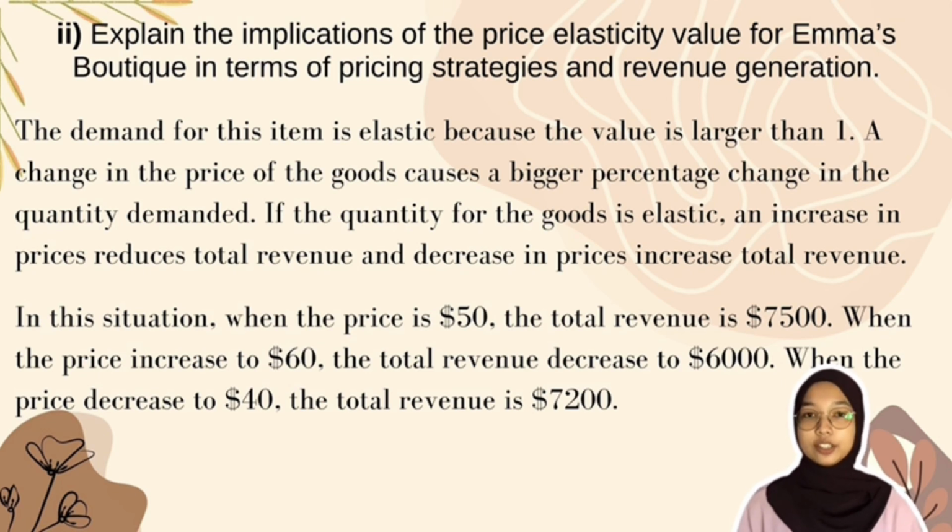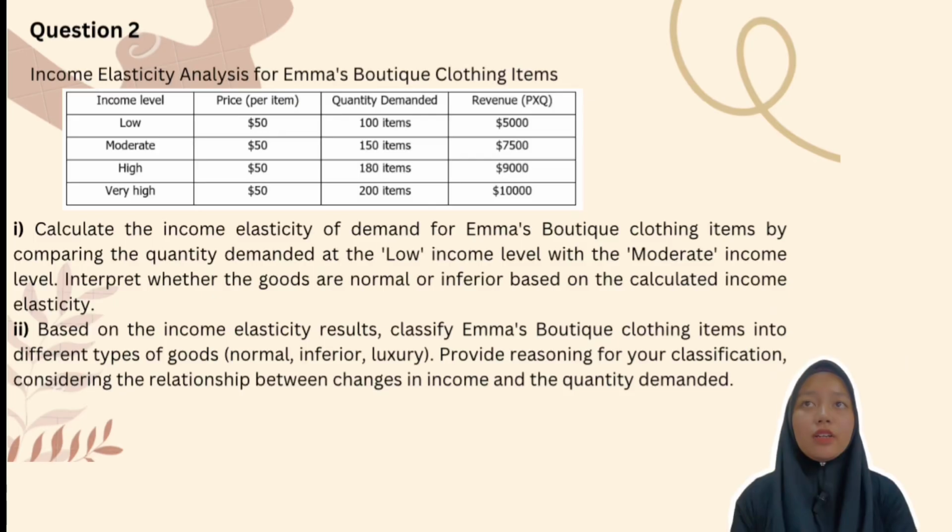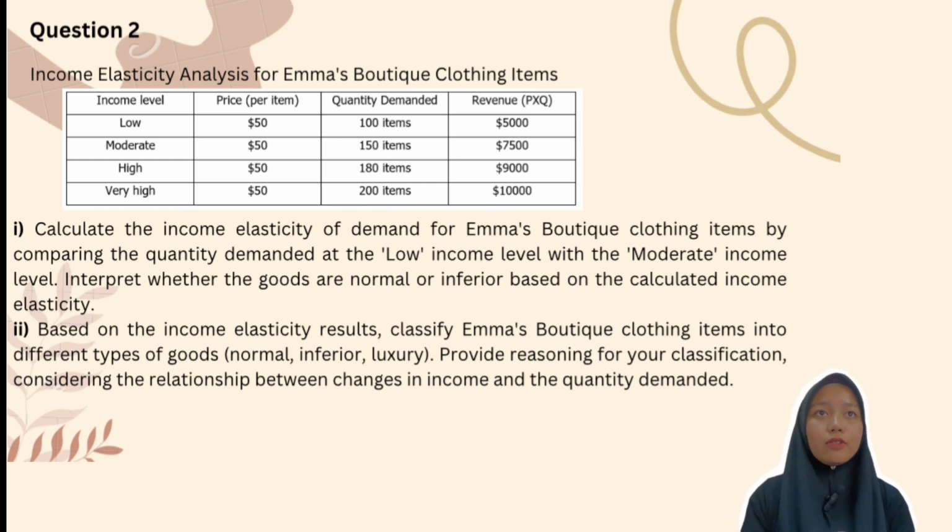In this situation, when the price is $50, the total revenue is $7,500. When the price increased to $60, the total revenue decreased to $6,000. When the price decreased to $40, the total revenue is $7,200.